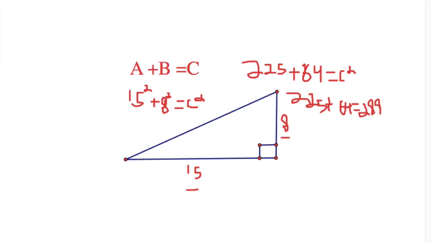After we do that, we want to find the square root of 289. The square root of 289 is 17, which makes the length of the hypotenuse 17.